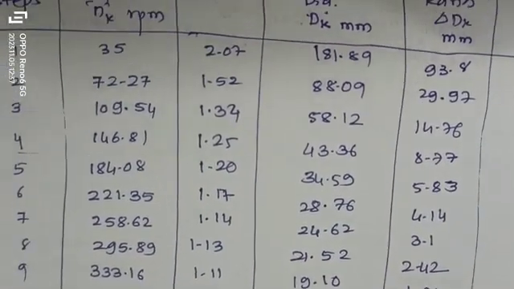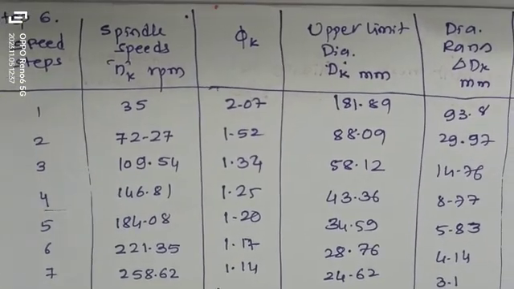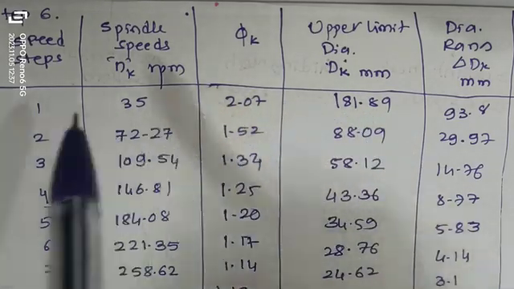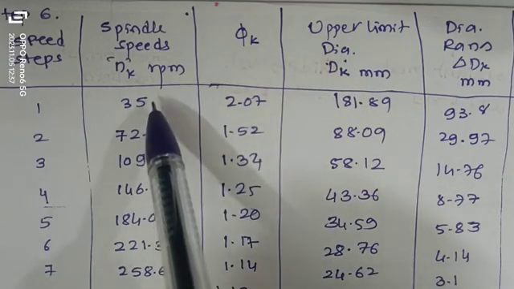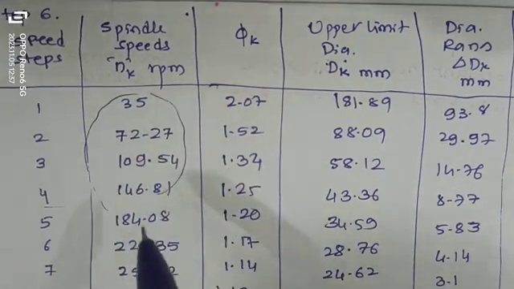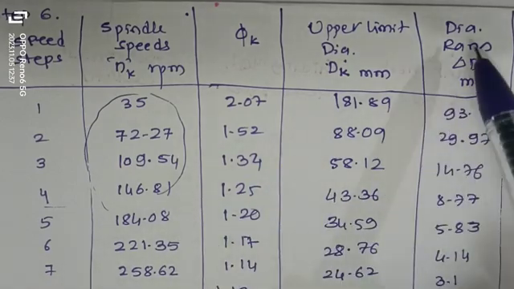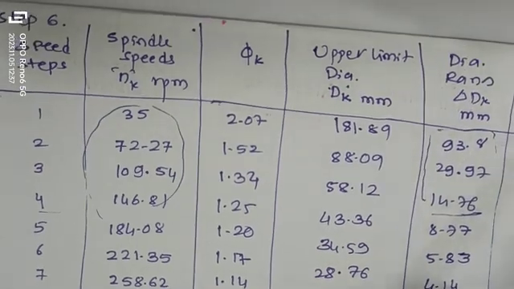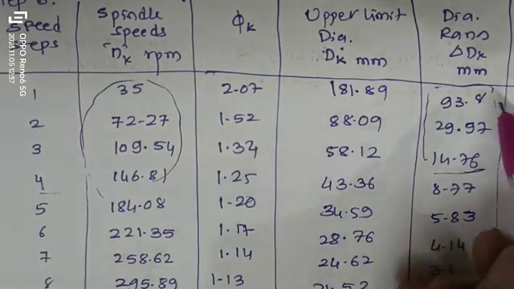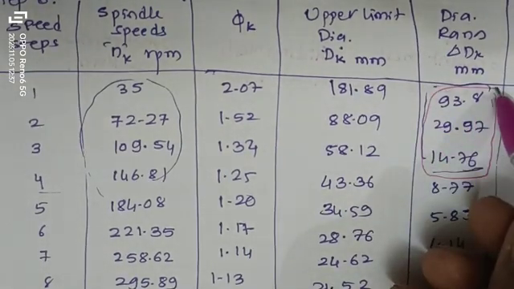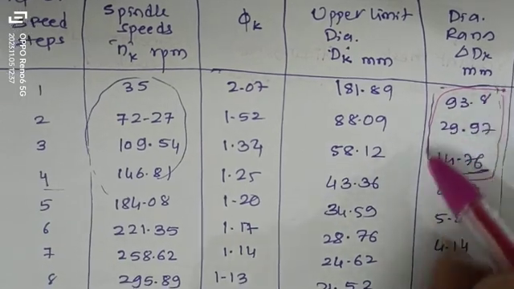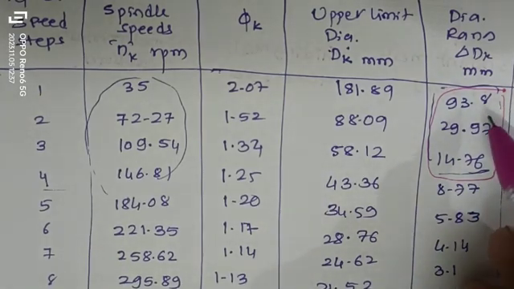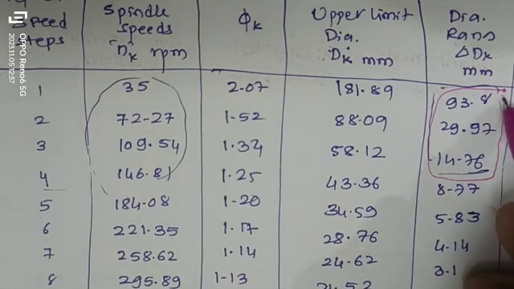So you can see in this table, it is observed that in this arithmetic progression at low spindle speed, the diameter range is very high, very wide as compared to the others, and hence there is a need to add more speed steps between the calculated values.